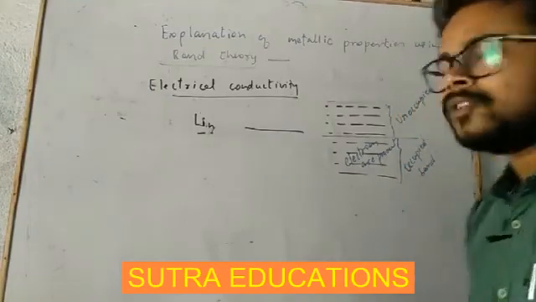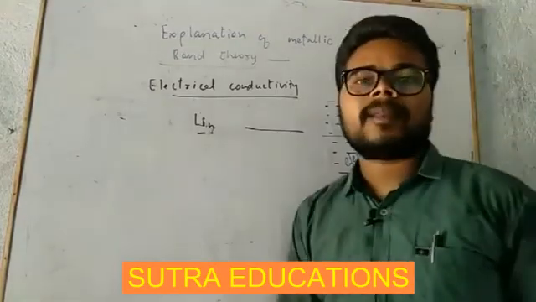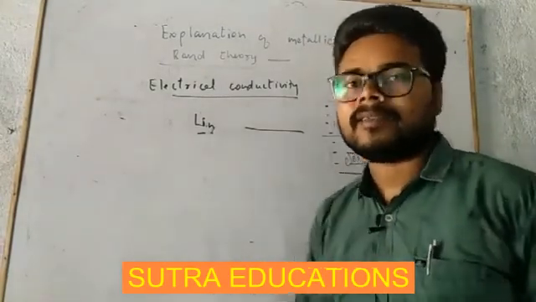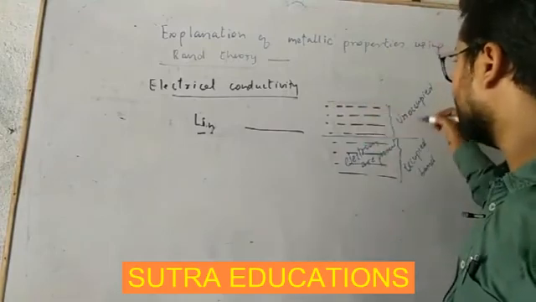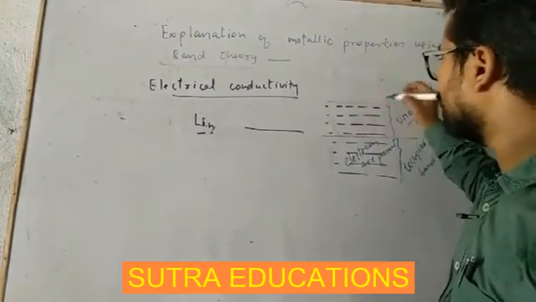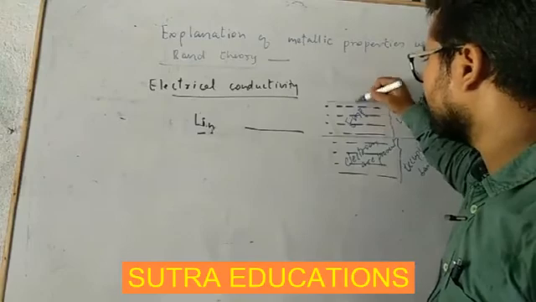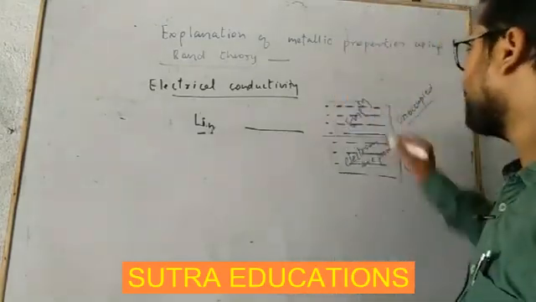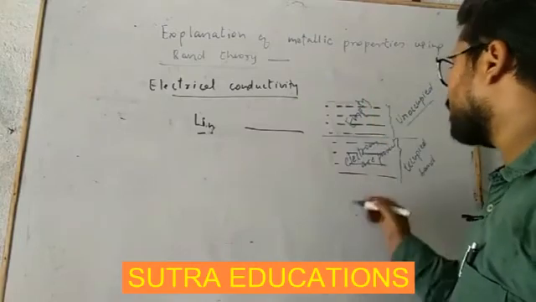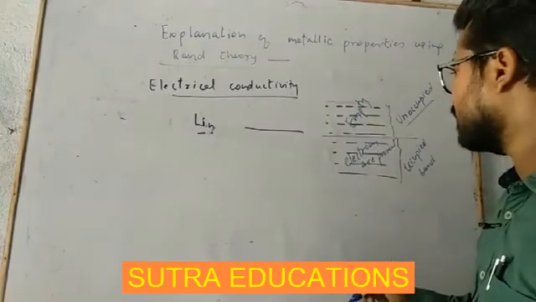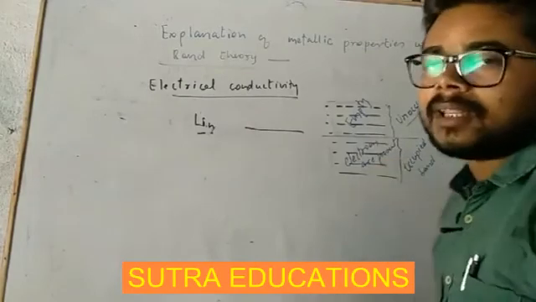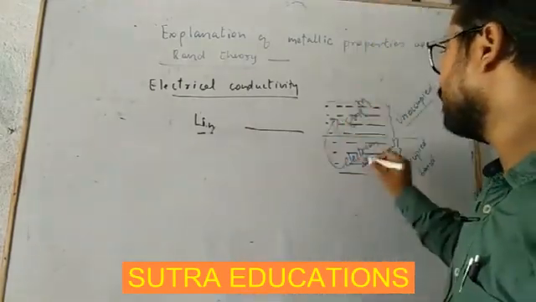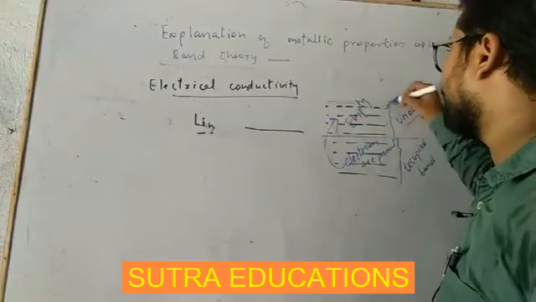As you apply electric current, since this is unoccupied, meaning empty, with no electron present here, these electrons will get some extra energy and jump to the unoccupied band.